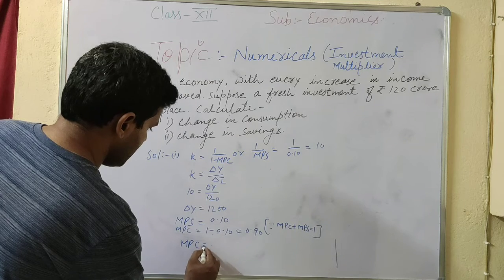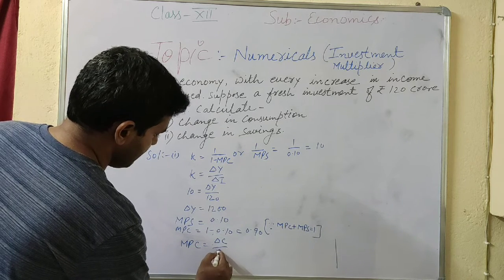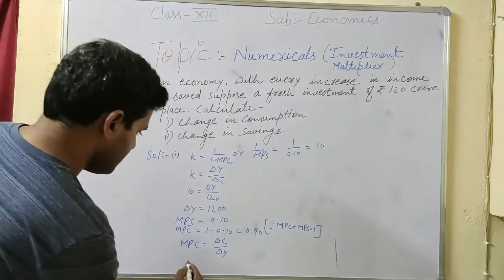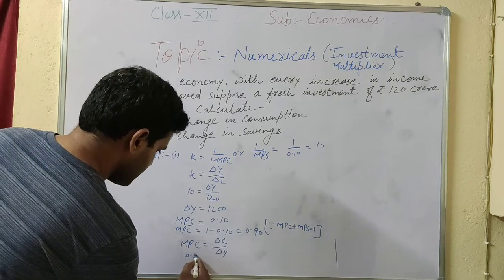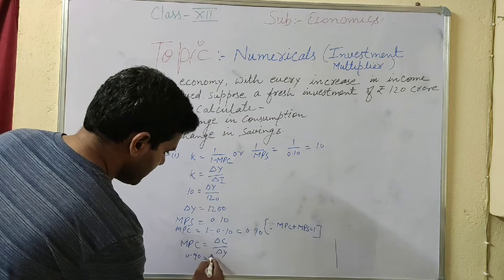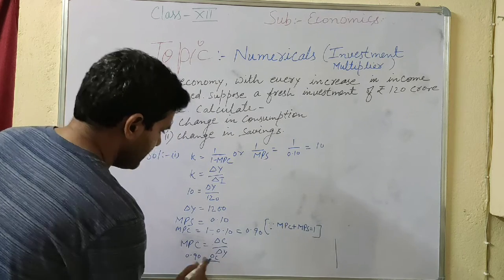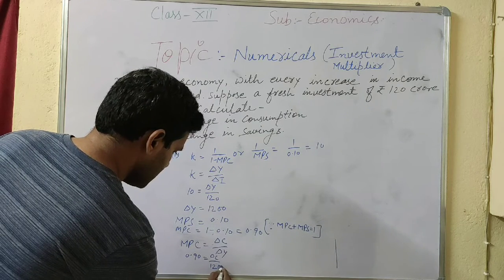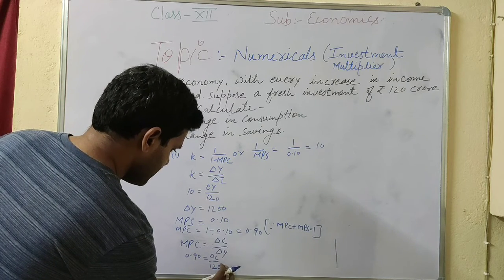Now we put the formula over here. MPC is equal to delta C upon delta Y. Now we have the value of MPC, which is 0.90, equal to delta C upon, we have delta Y over here, 1200.